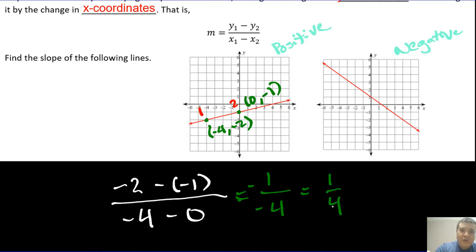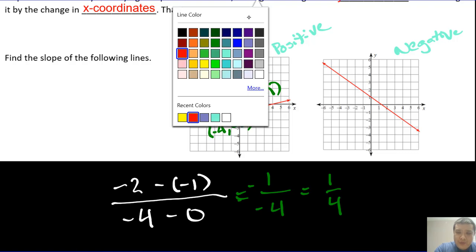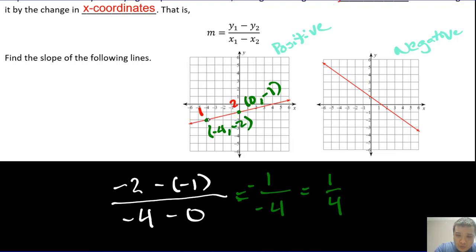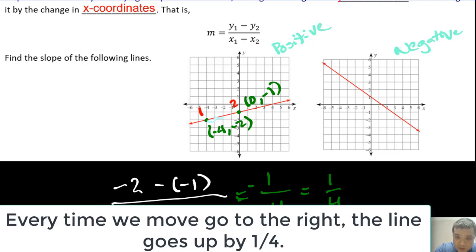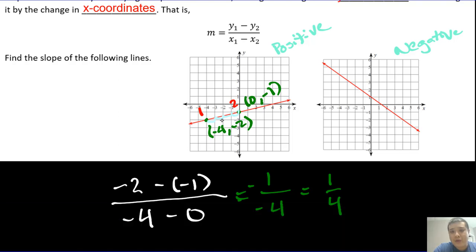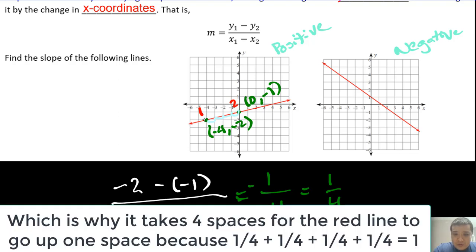Which makes sense. What we really mean by this is that every time we go over one space, we go up 1/4. Over one space, up 1/4, over one space, up 1/4, over one space, up 1/4. So it should take us 4 steps to go up 1 spot, because 1/4 plus 1/4 plus 1/4 plus 1/4 gets us 1 spot.